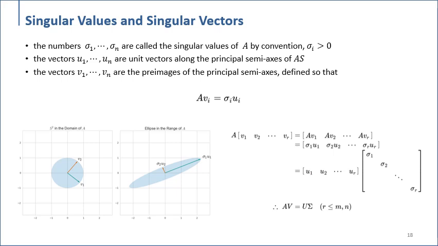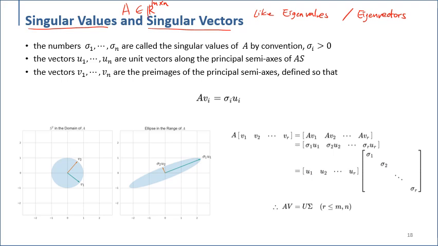Before knowing about singular value decomposition, we should know about singular values and singular vectors. And actually, this is very similar to eigenvalues and eigenvectors. But the difference is that singular values and singular vectors are for a more general case, working with non-square matrices.